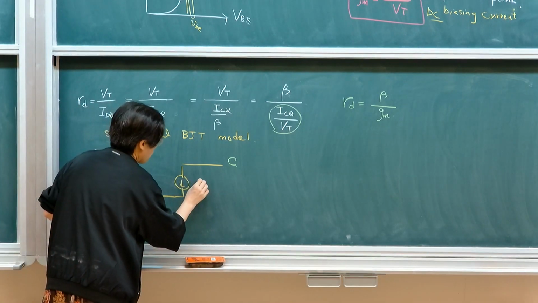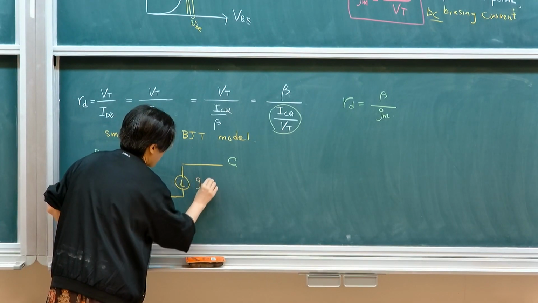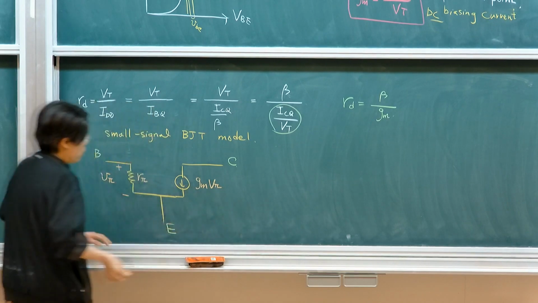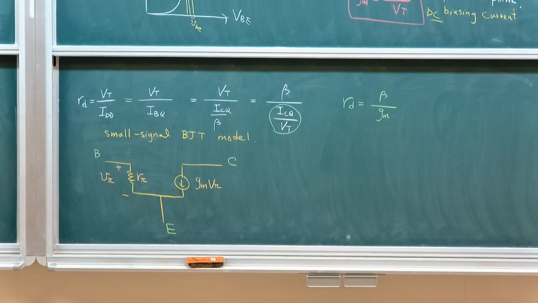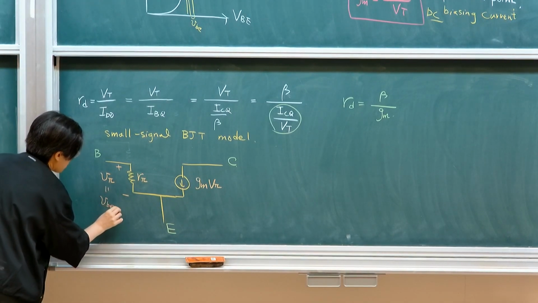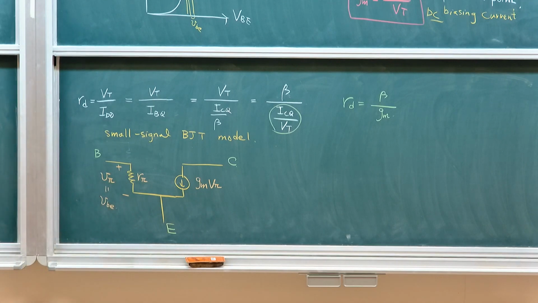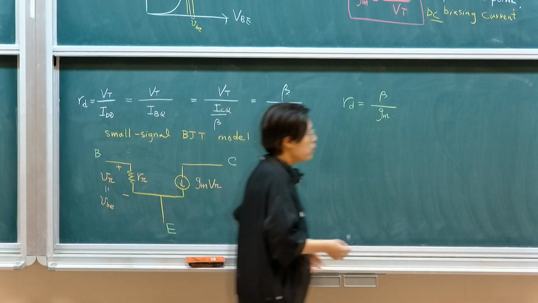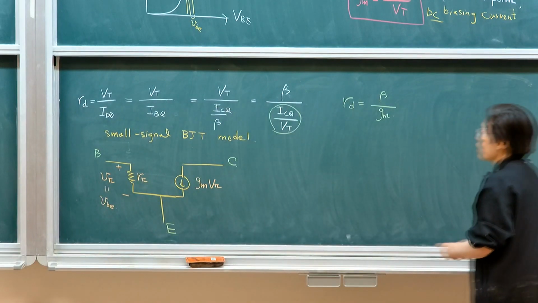Therefore, your collector current will be GM V pi. So V pi will stand for VBE. V pi is simply a substitute for VBE, small signal VBE. Okay? So this is just a convention. So as I said, two key parameters in this small signal model.